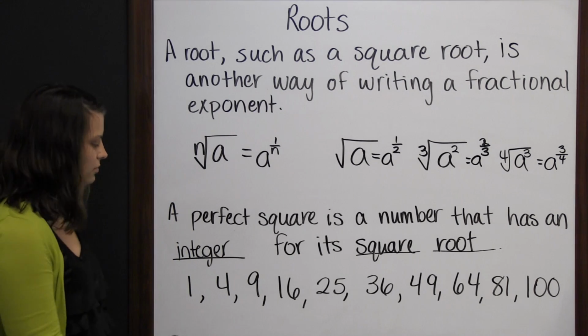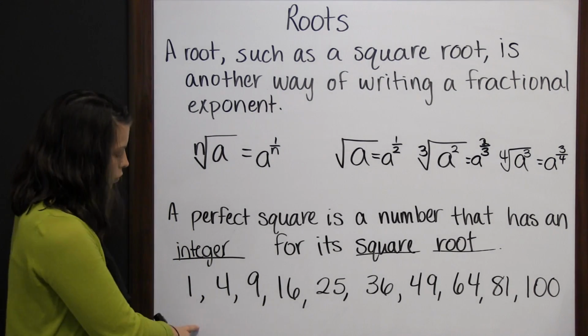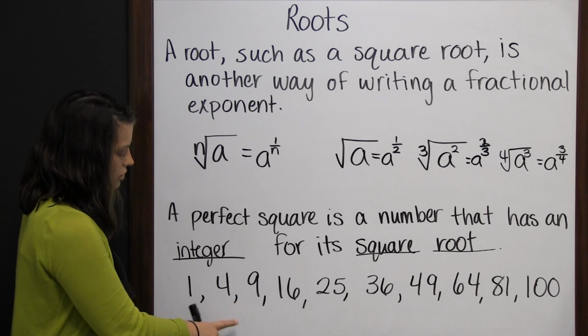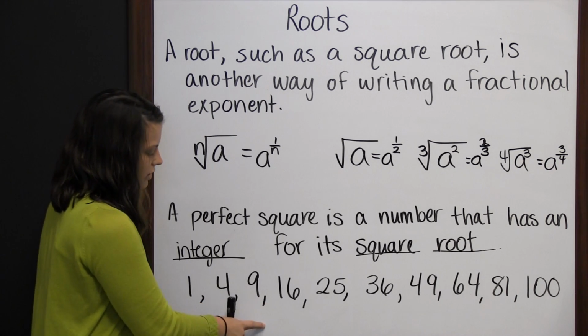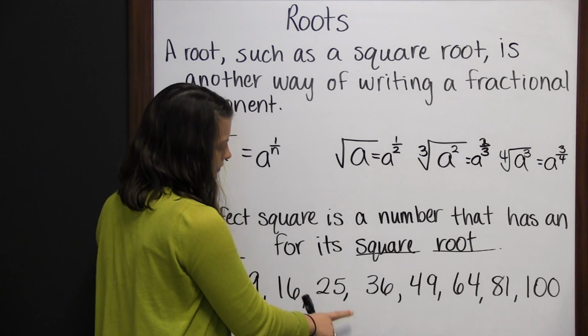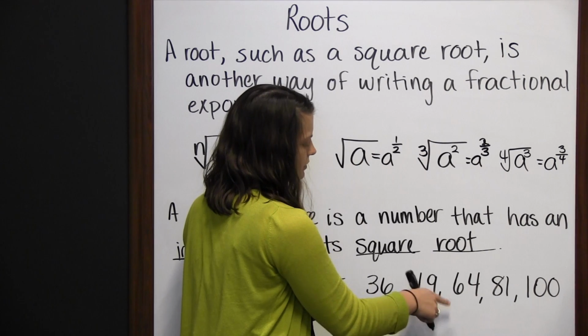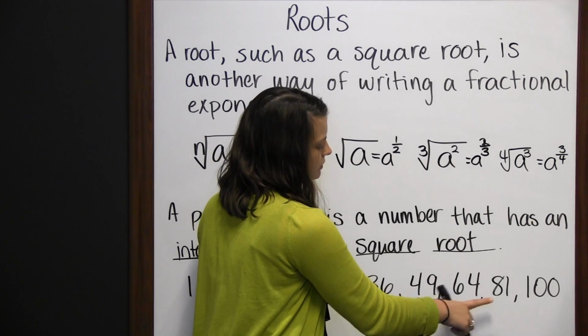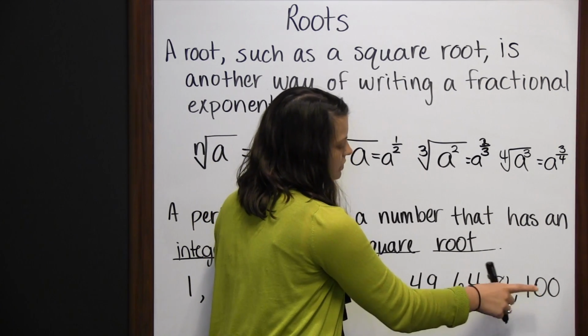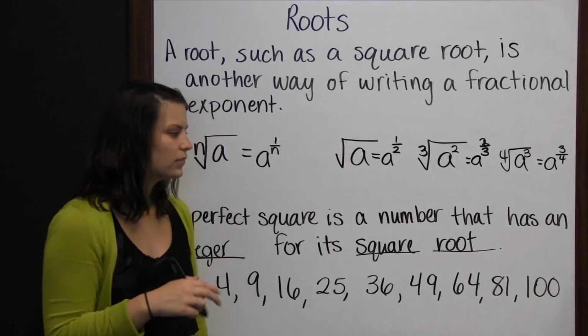These numbers came from squaring the numbers 1 through 10. 1 squared is 1. 2 squared is 4. 3 squared, 9. 4 squared, 16. 5 squared, 25. 6 squared, 36. 7 squared, 49, 8 squared, 64, 9 squared, 81, 10 squared, 100.